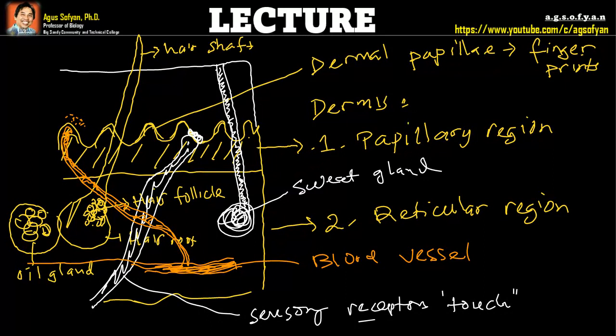Hair is also connected with the sensory system, so the hair can receive sensation. Very fine sensation can be sensed by the hair because the hair is connected to sensory receptors also. So this is the structure of the epidermis and dermis.